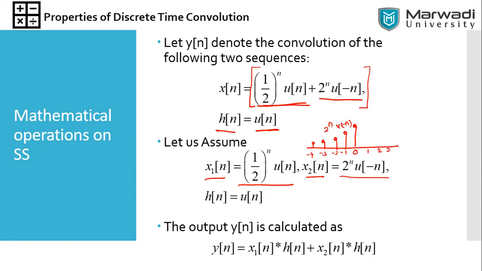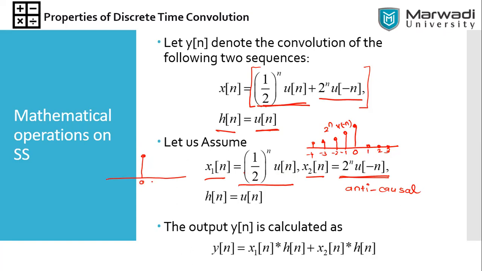For 1, 2, 3, it will be 0, 0, 0. We can call this an anti-causal signal or sequence.